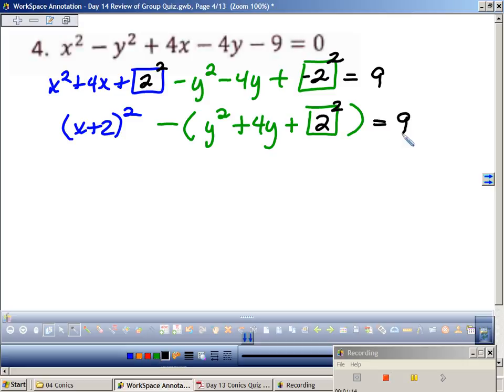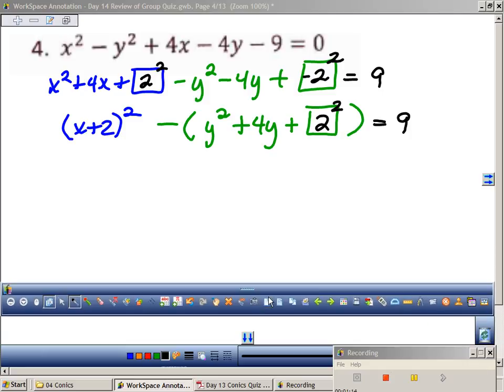Alright, now let's complete this. So here I added 2 squared, so I need to add 2 squared over here, which is 4. Here I added a 2 squared, but I have a negative associated with it right here, so this is going to be negative 4.